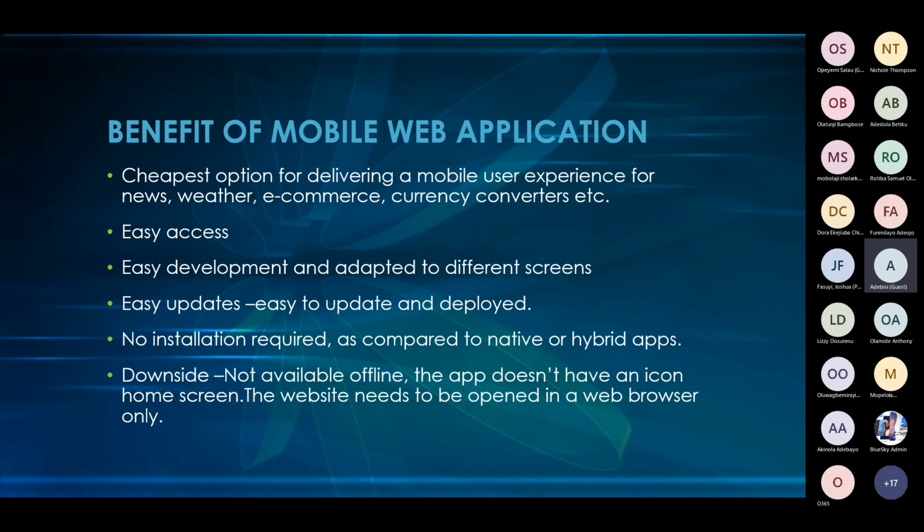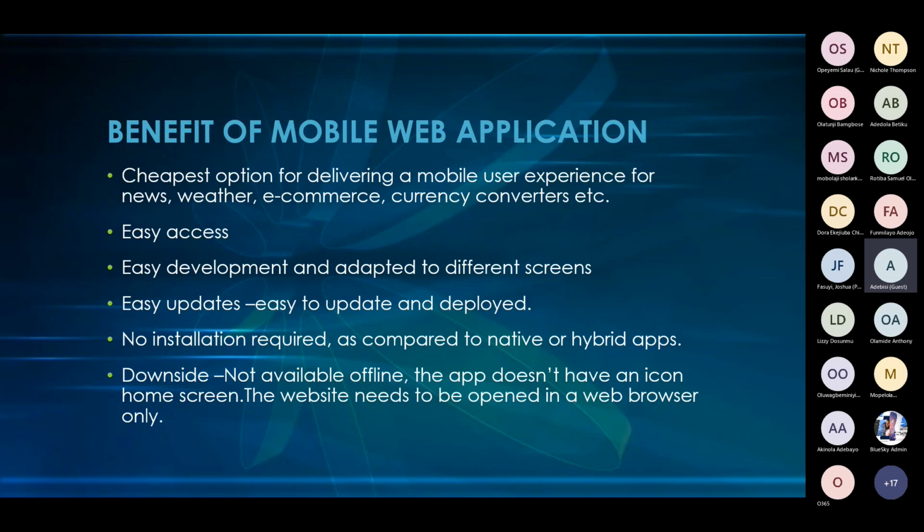Then, because it's very easy to access, once you know your URL, you access it easily. There's no glitch, there's nothing. In as much as the application is okay and doesn't have any technical issue, you access the web application easily.